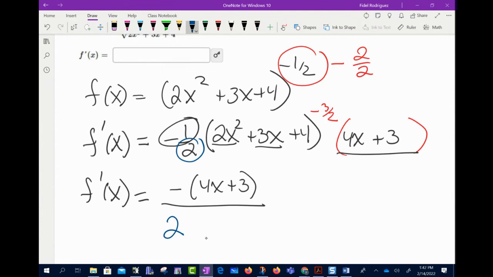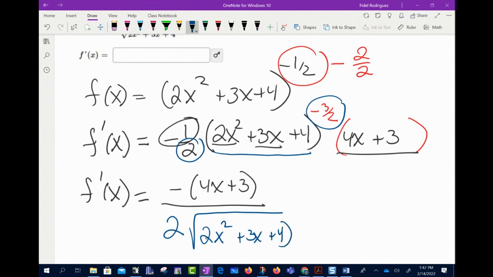And let's see. We have this 2x squared plus 3x plus 4 to the power negative 3 halves. Let me show you guys how I'm going to write that. This is 2x squared plus 3x plus 4. I want to show you guys how I'm coming up with the square root of 2x squared plus 3x plus 4 to the third.